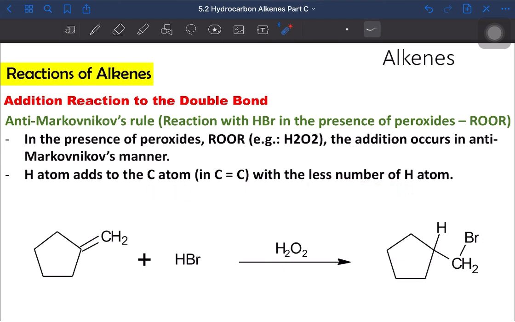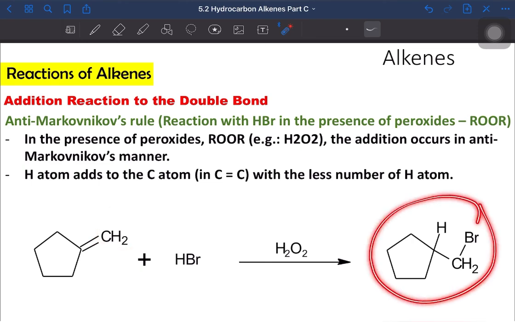So in this case, we have this reaction of alkene with HBr in the presence of hydrogen peroxide. The H will be added to this side of the carbon, and the bromine will be added to this side of the carbon because it follows anti-Markovnikov's rule.